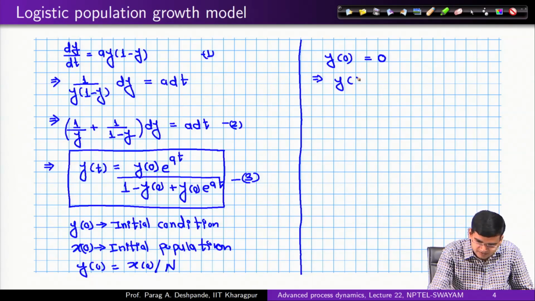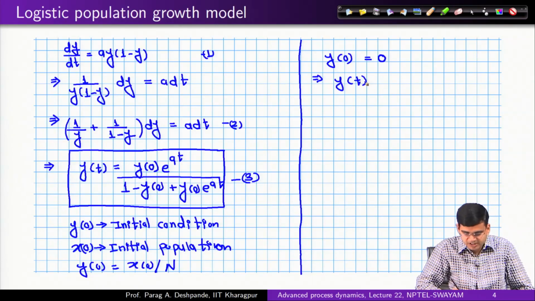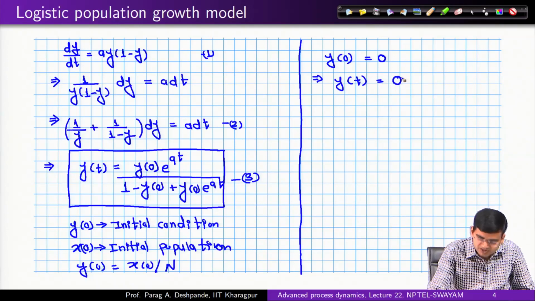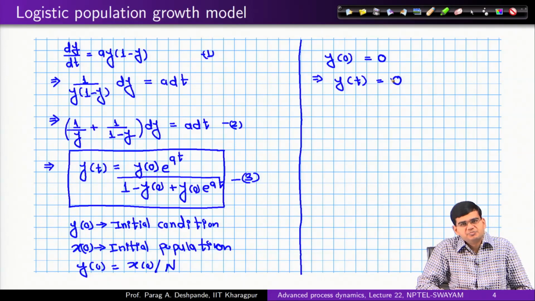Y of t, by substituting y of 0 is equal to 0 in equation number 3 is simply 0. Does this make any sense physically? Yes, it does. If you do not have any population, then how would the population grow, right?